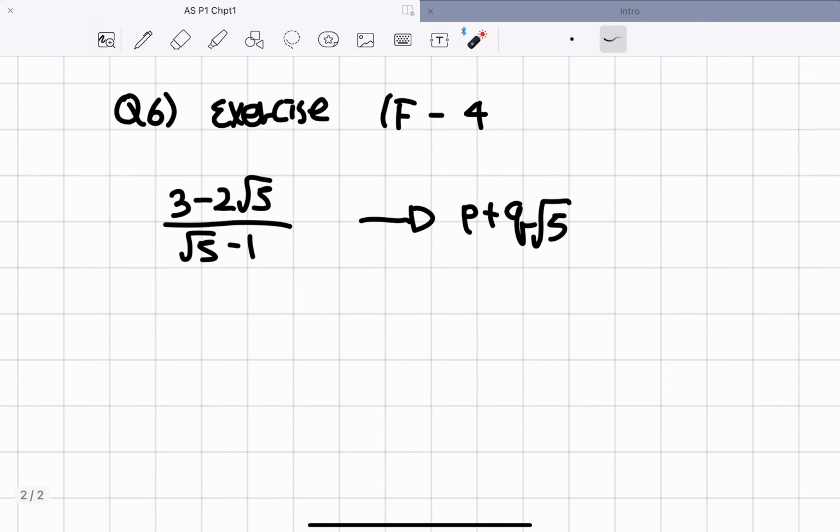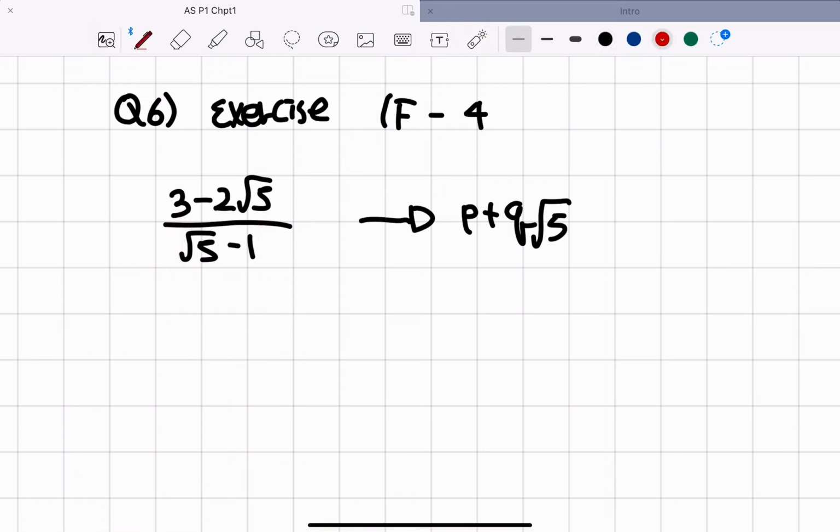And let's move on to the question. Exercise 1F4 is 3 minus 2 square root of 5 over square root of 5 minus 1. We need to change to this form. So we need to make the denominator a rational number, right?